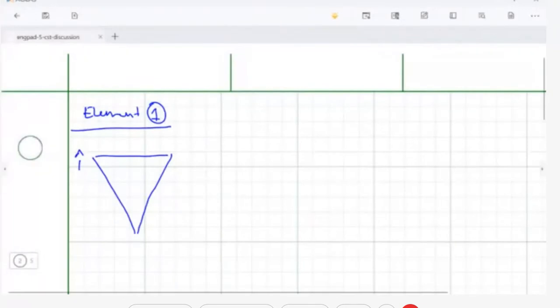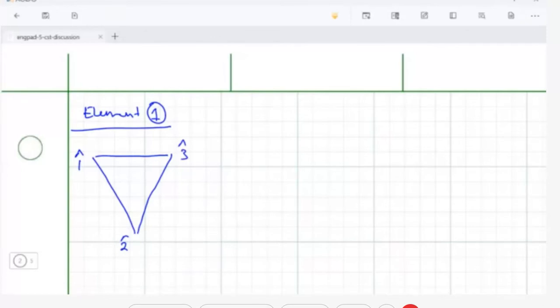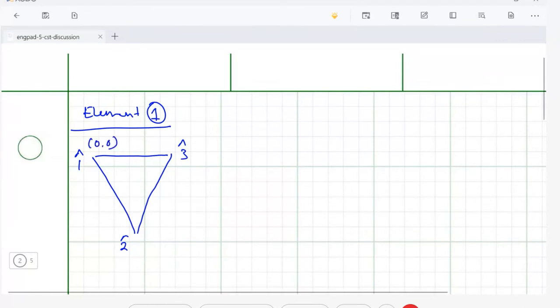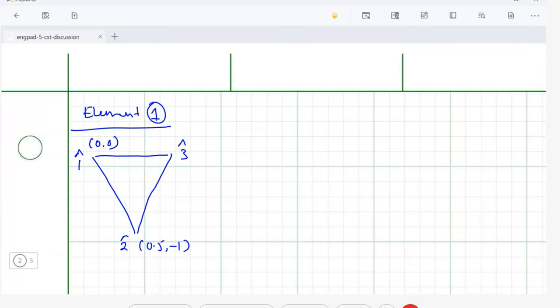So this is node number 2, and this is node number 3. Note I'm using 1 hat, 2 hat, 3 hat, so this is local. The coordinate is 0 and 0, and then you can calculate this: 0.5, minus 1. And node number 3 is 1 and 0. If you look at the question paper, you can straight away find the coordinates.